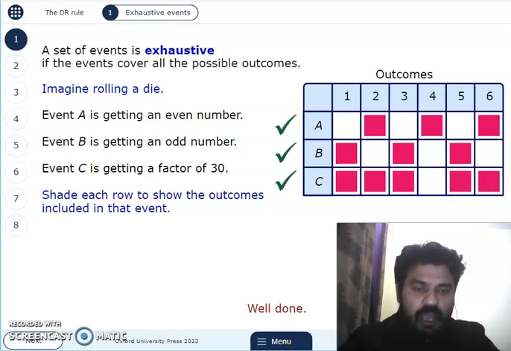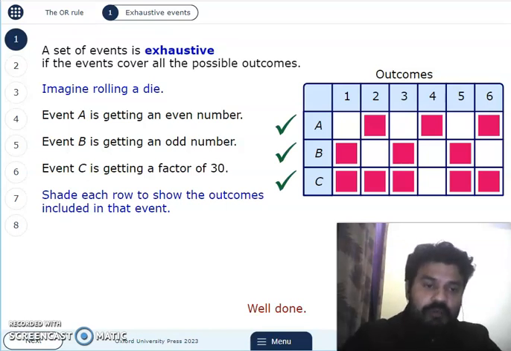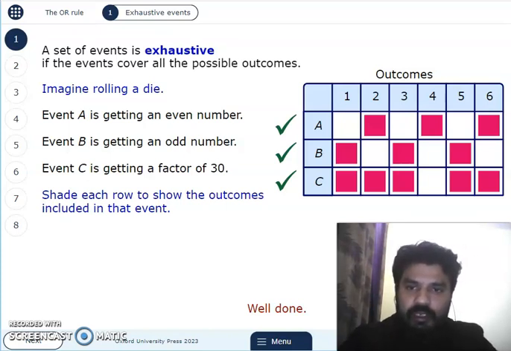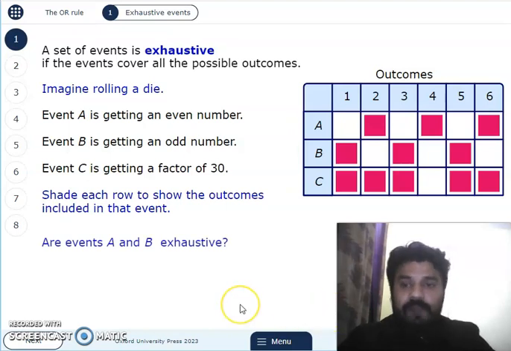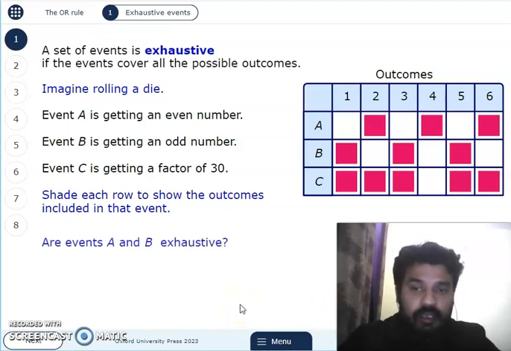First I will check whether I have shaded the right columns or not. So these all are right boxes that we have shaded. Now, are events A and B exhaustive or not?